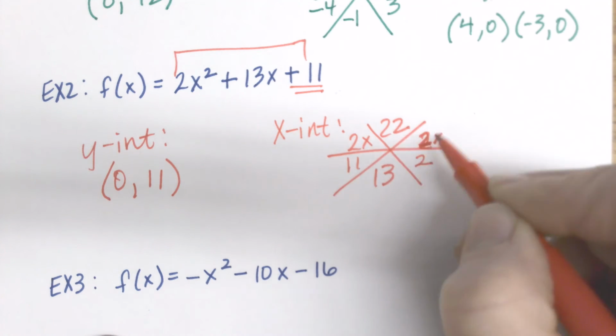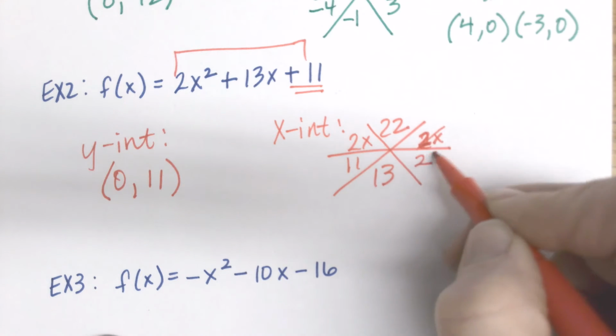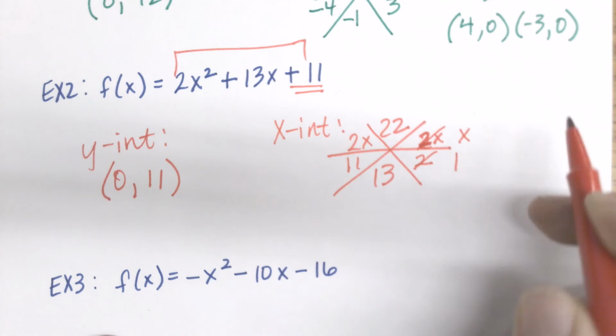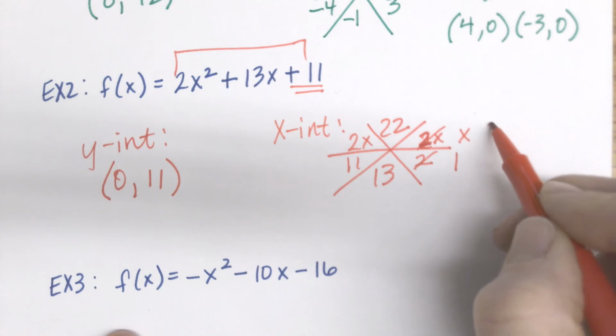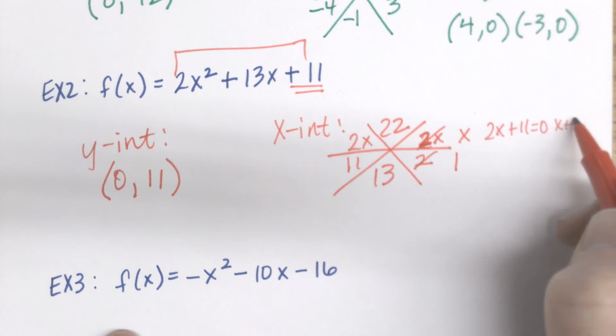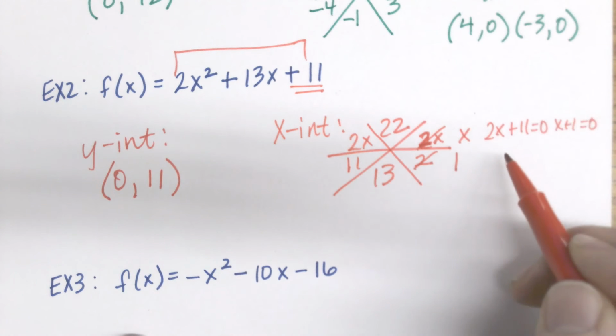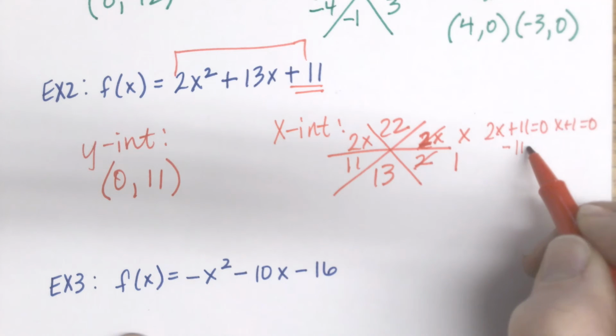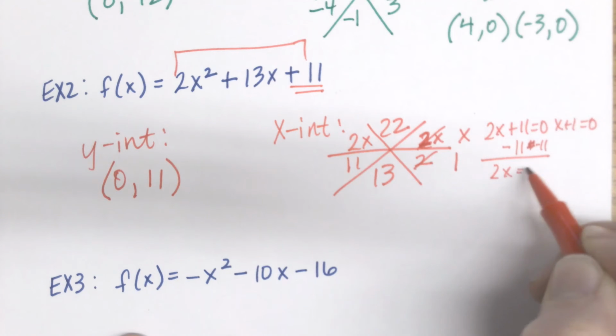One or both will be able to be simplified, in this case just the one on the right. And so my two equations are 2x plus 11 equals 0 and x plus 1 equals 0. This one's a two-step equation. I'm going to have to do 2 steps to get my answer, minus 11 on both sides, so 2x equals negative 11.